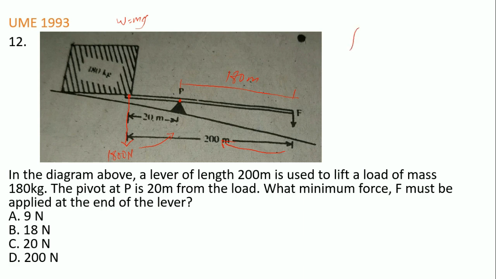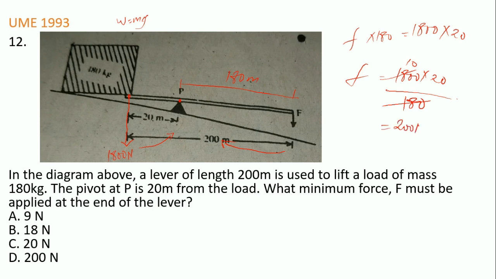So for one moment, we have F times 180, the perpendicular distance of the line of action of the force to that axis of rotation is 180 meters, will be equal to the other moment, which will be 1800 times 20. F is going to be 1800 times 20 divided by 180. So this is going to cancel this, then I will have 10 times 20, which is going to be 200 Newton. And as you can see, that is option D.